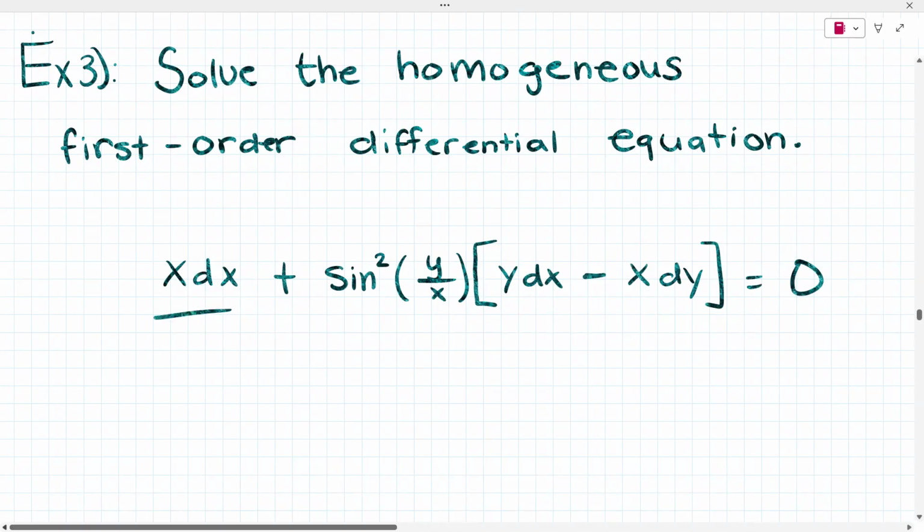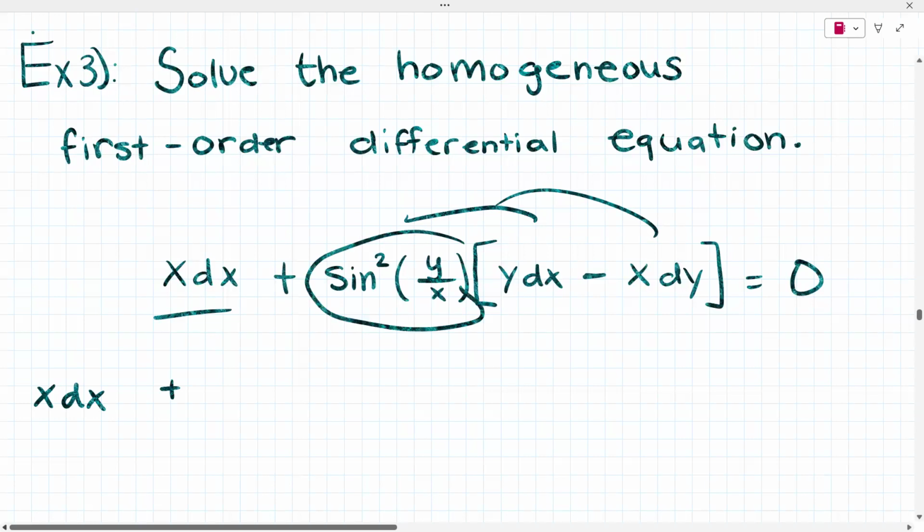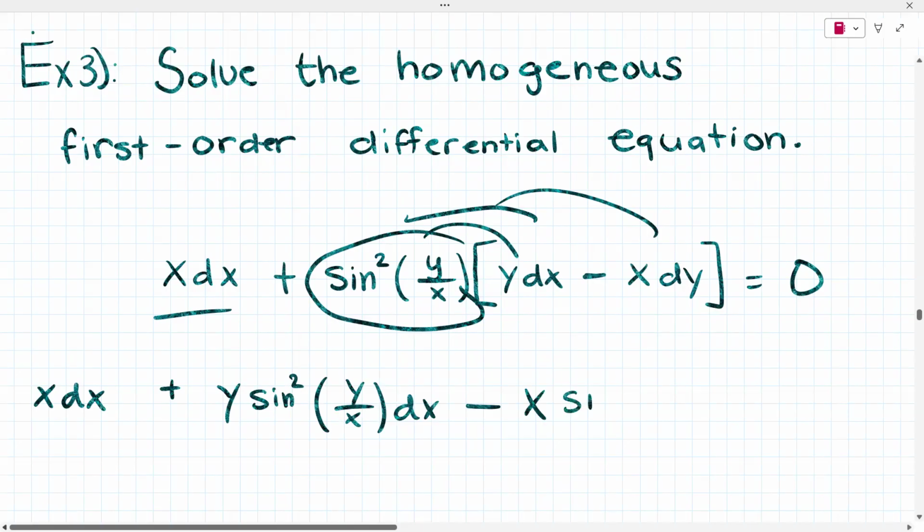This stays the same, x dx. If you FOIL this with this, you're going to get y sine square of y over x dx minus x sine square of y over x dy equals 0.